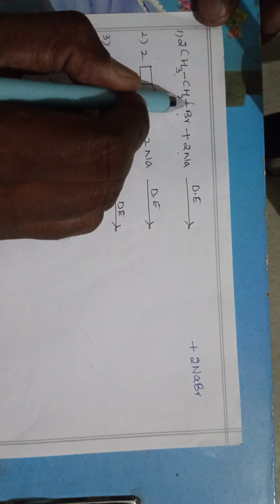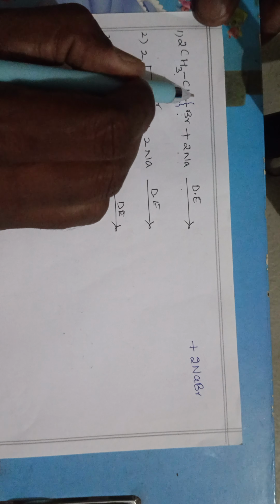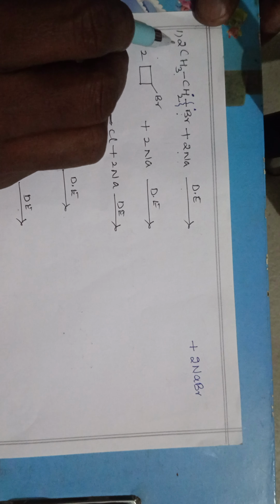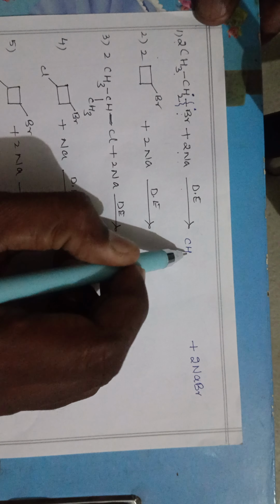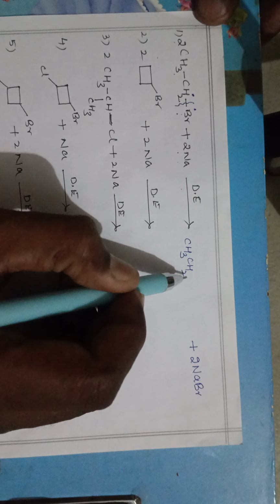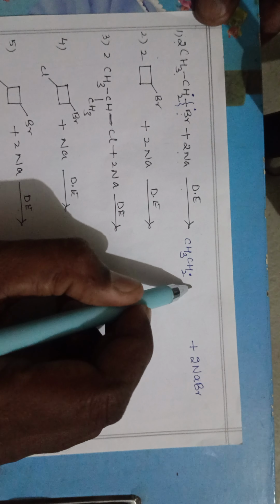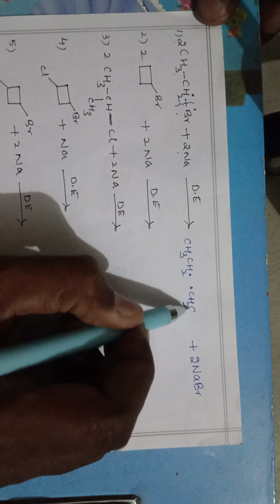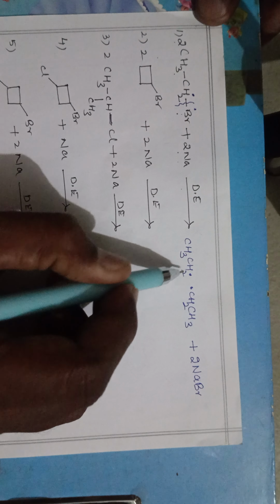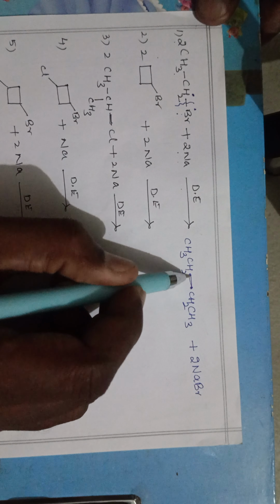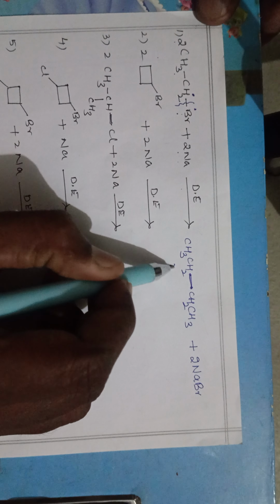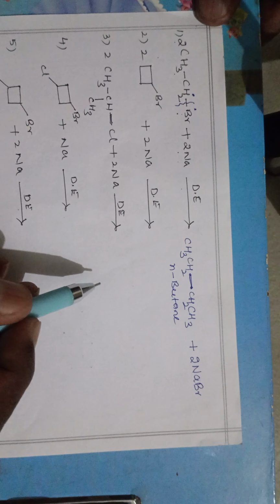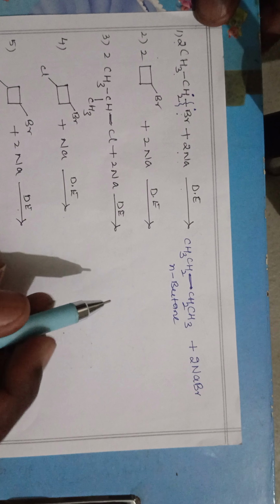Remaining, what is here? Break the bond here: here one electron, here one electron, like this with 2 moles of Na. CH3CH2 with 1 electron, and another CH3CH2. So between these two a bond forms, and n-butane is formed.